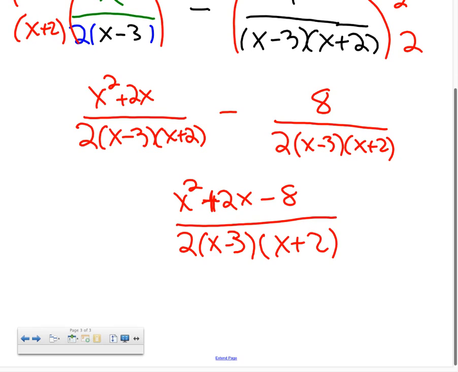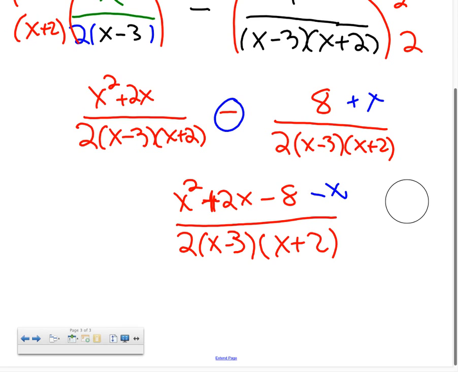Again, notice I put a minus 8 rather than a plus 8 because we are subtracting. This means that the subtraction sign here applies to everything in the second fraction. So if there was another plus x there, then what I'd write down here is a minus x, and I combine it with a plus 2x. But this negative applies to the entire second fraction.